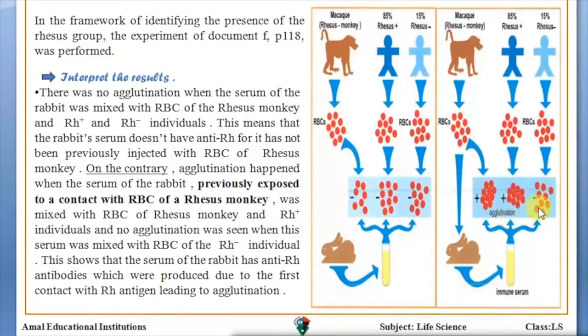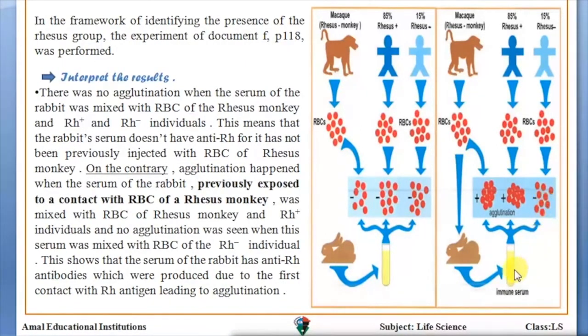As you know, it is clear in this case that no agglutination had happened, since the red blood cells of the Rh negative individual have no Rh antigen.